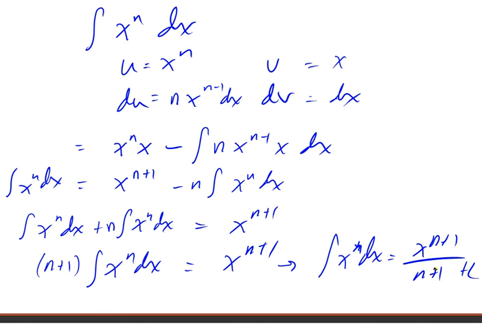Don't be afraid to make mistakes. Don't be afraid to try something and have it not work. Try something else. See what happens. Eventually you find something that works. With practice, you're more likely to get things to work the first time. But anyway, integration by parts, it's a powerful tool.